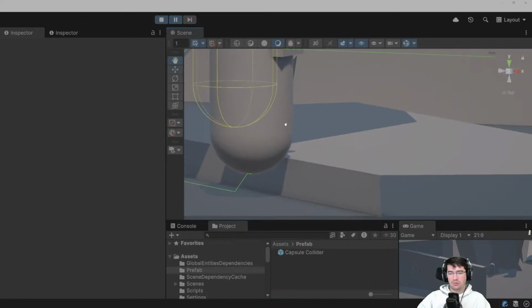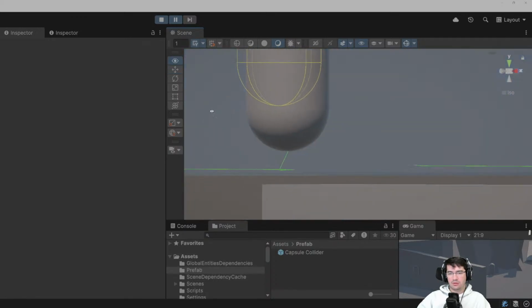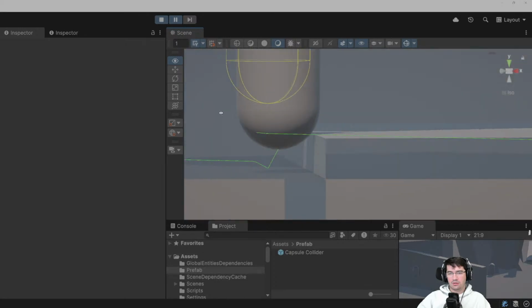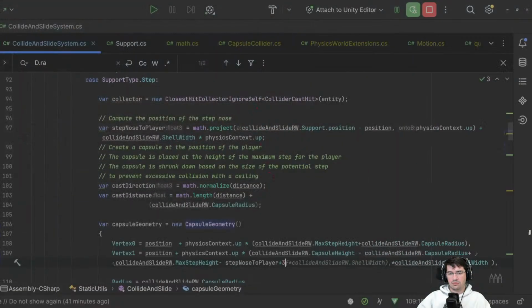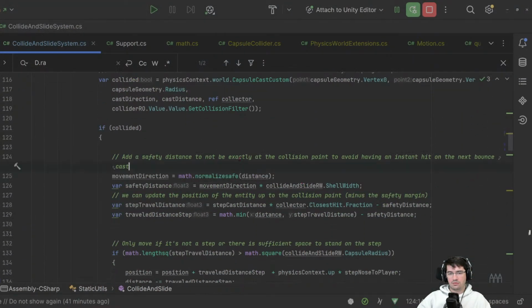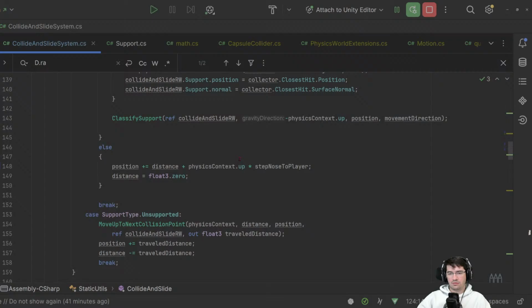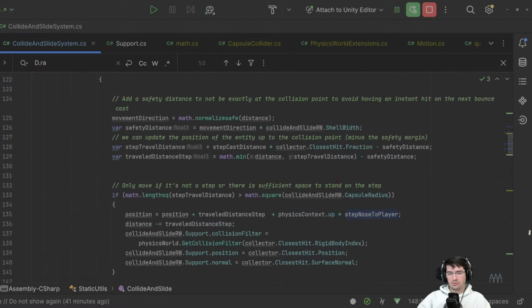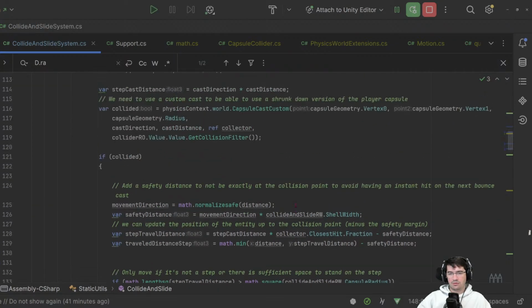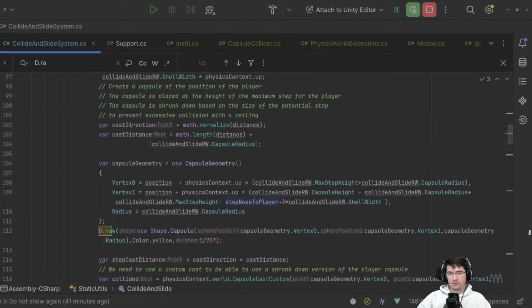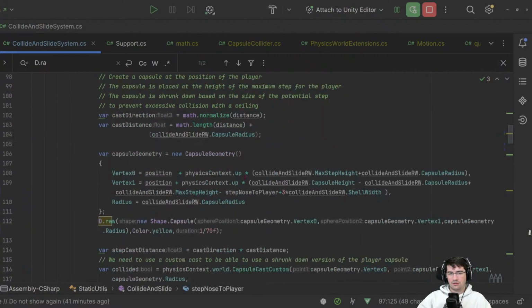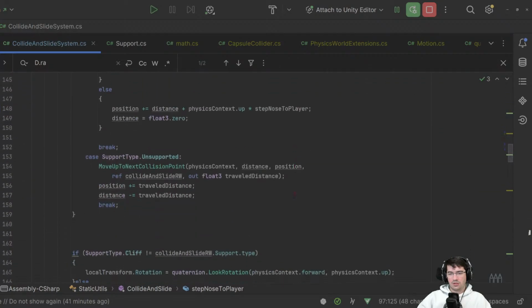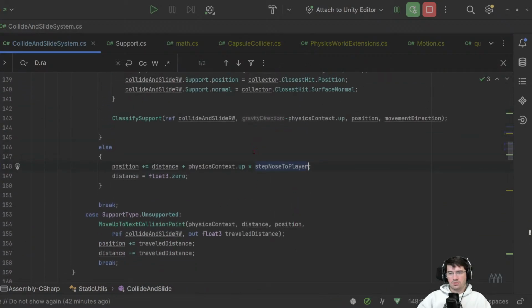And I'm going up. But not enough. That's strange.